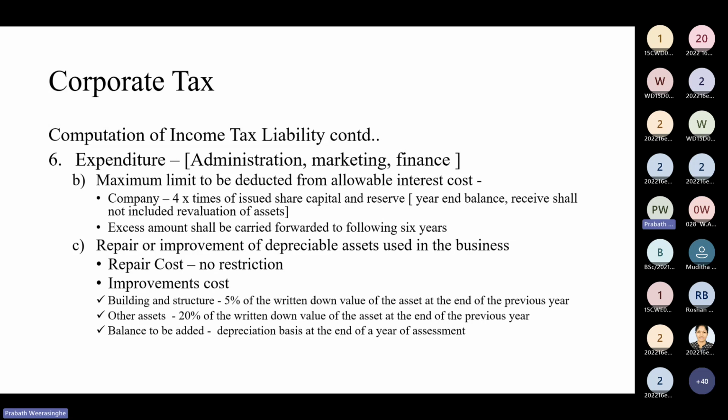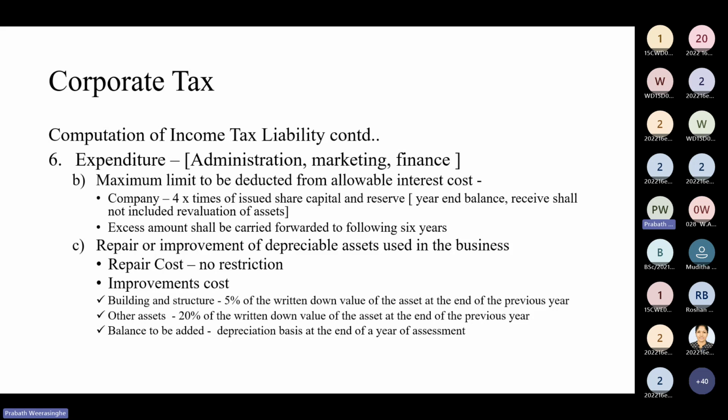But for improvement cost, there is a maximum cap, or the maximum amount that can be deducted for a year. For a building and structure, it is 5% of the written down value of the asset at the end of the previous year. So first we have to determine the tax written down value at the previous year. On that, in the case of building and structure, 5% is the maximum amount we can deduct as improvement cost.